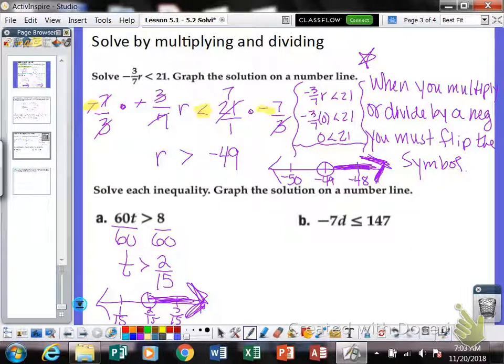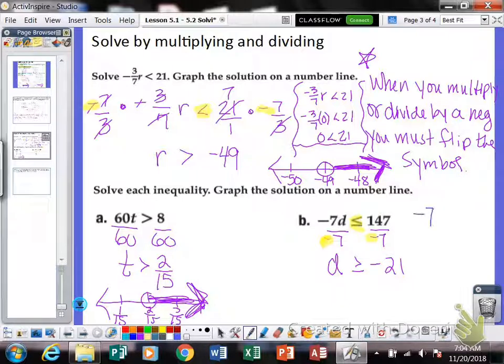And then for the next one, divide by negative 7, and I get d. Now I have to flip the symbol again because we divided by that negative. Make sure you flip the symbol. So now d is greater than or equal to negative 21. Again, you should be checking it. Pick a number greater than or equal to negative 21. 0.